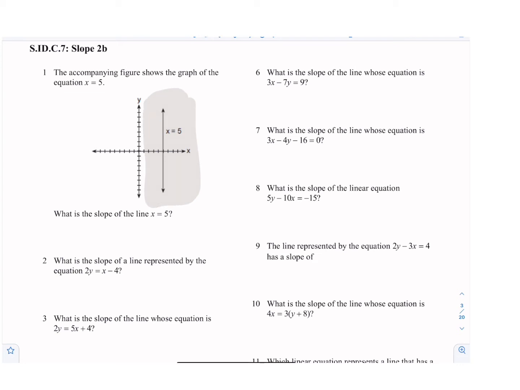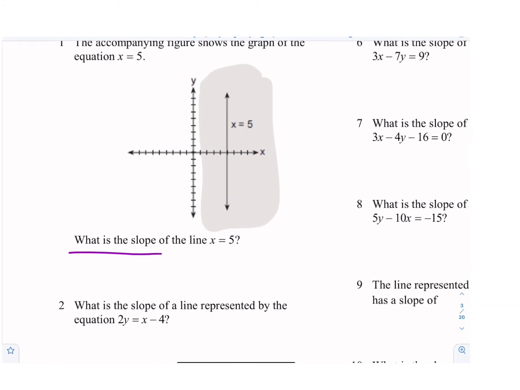What is its slope? Let's try to figure this out. If we pick 2 points on this line and try to use the slope formula, it would tell the tale of what kind of slope it is. In general, you should know that a vertical line has an undefined slope.